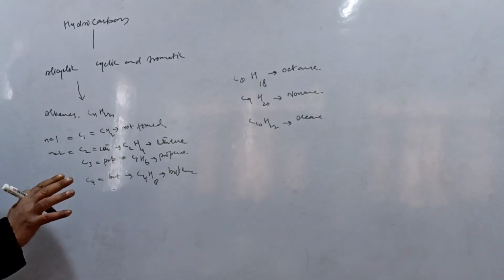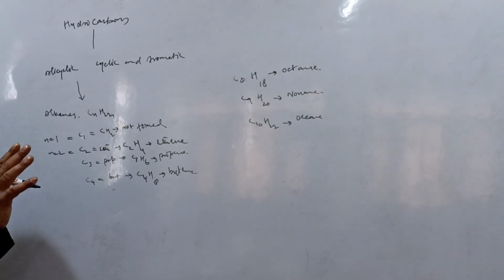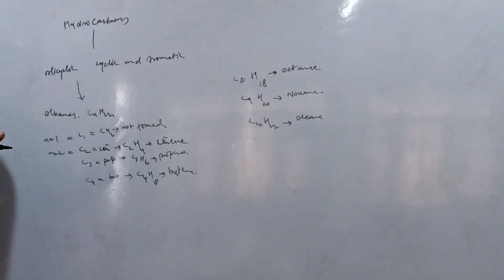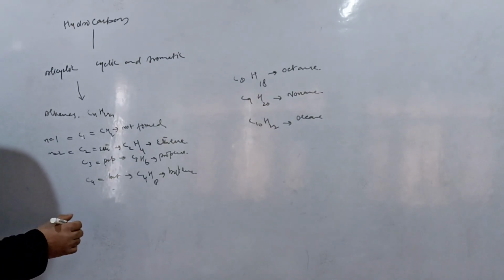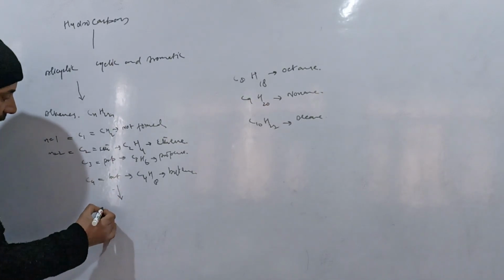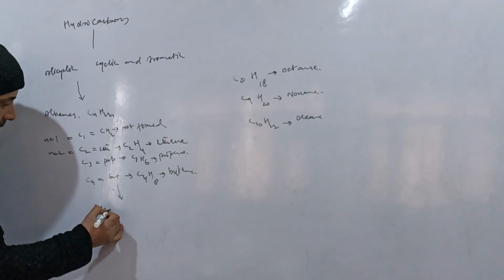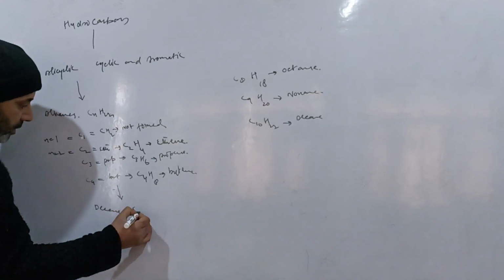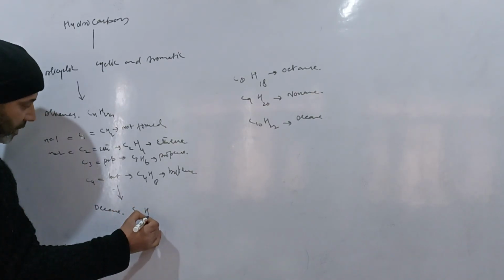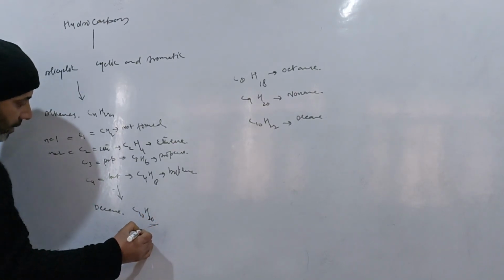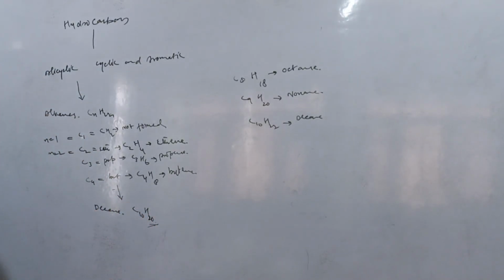Ene determines the presence of a carbon-carbon double bond within the molecule, but this discussion is only about one double bond within the molecule. Similarly, this will finally become up to decene, C10H20.